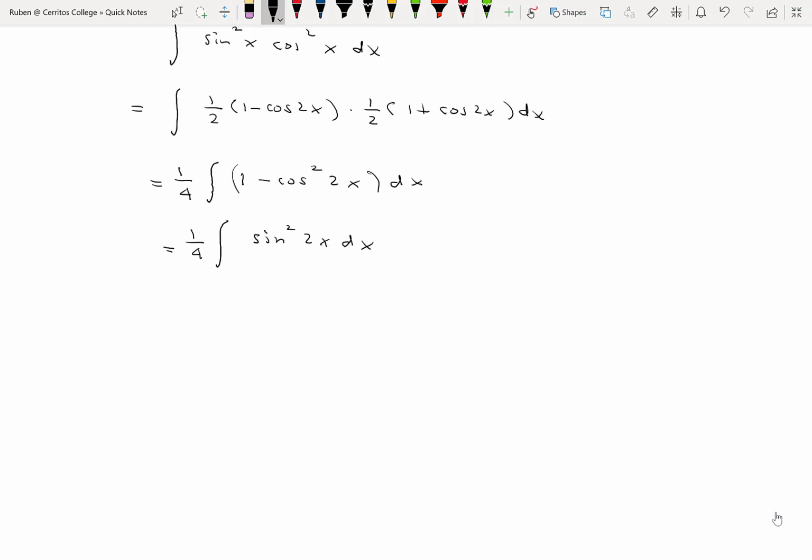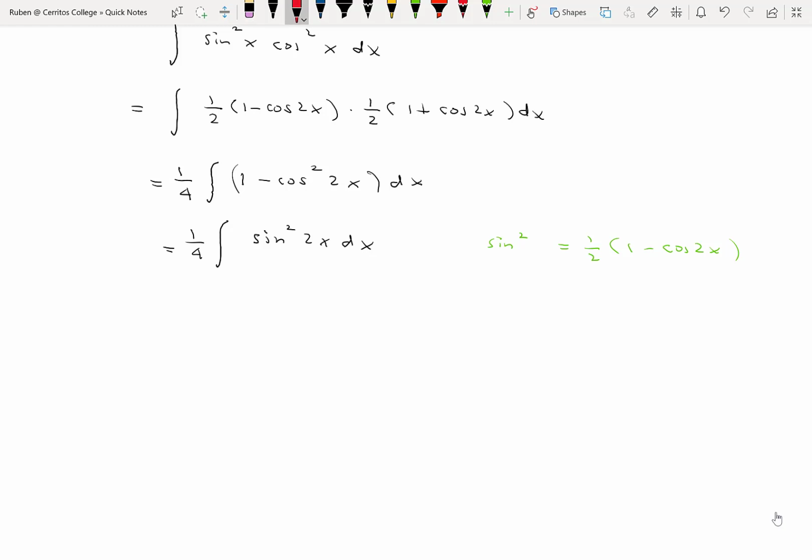So again, we're going to use the power reducing formula that says sine squared x equals 1/2 times 1 minus cosine of 2x. But it's not x that we have as the angle, it's 2x. So on the left hand side, see the little green identity?